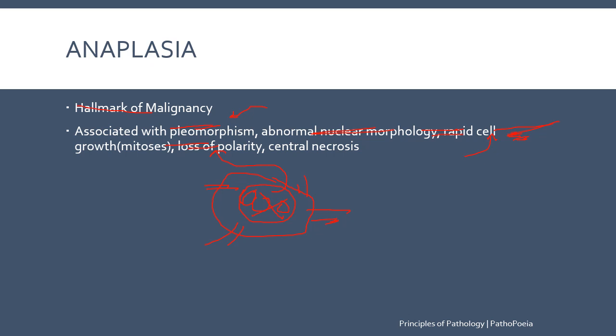Moreover, there is loss of polarity, because the general organization and orderliness is disturbed by the unregulated growth of the neoplastic cells.